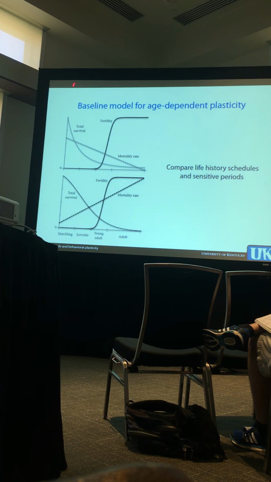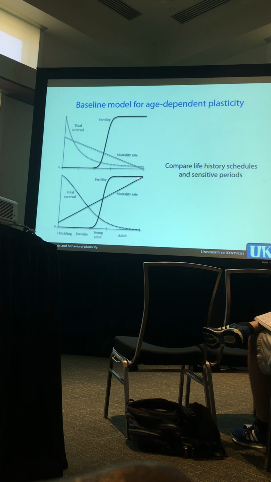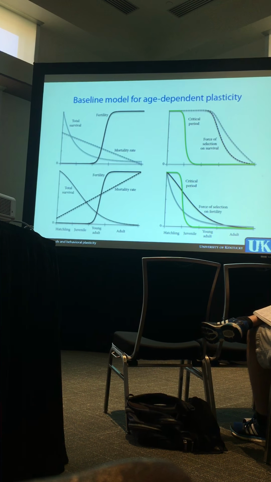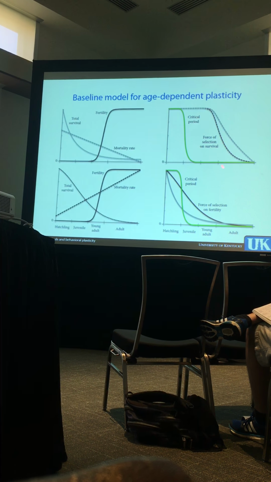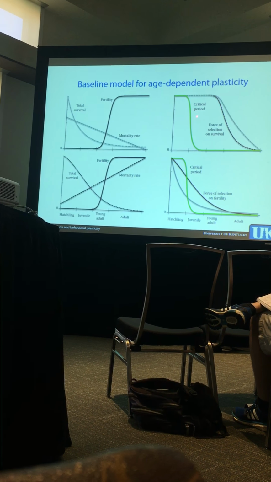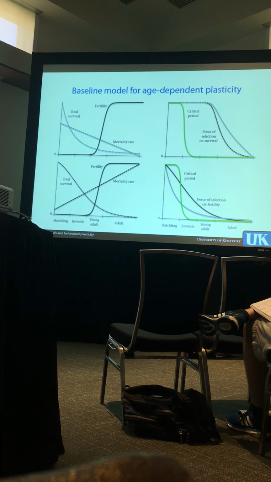So for example, we could take a pattern of increasing mortality with age and compare it against a pattern of decreasing mortality with age, and then see what kinds of curves for the force of selection on fertility and survival those things produce, and compare them to the pattern of age-dependent plasticity that we see.